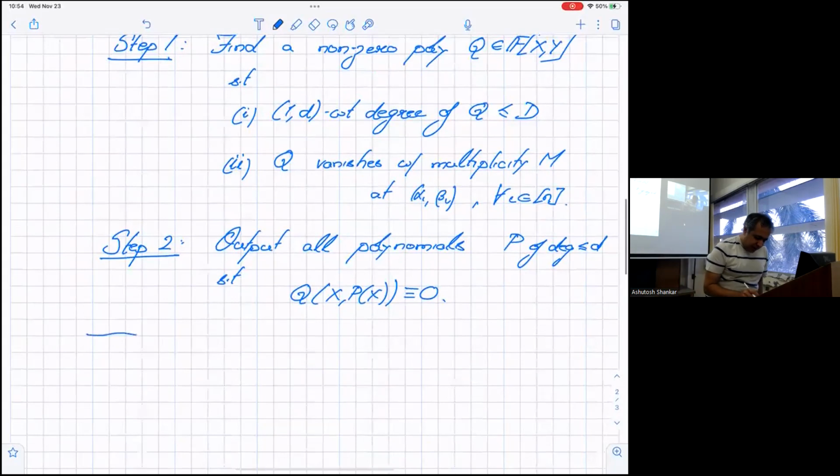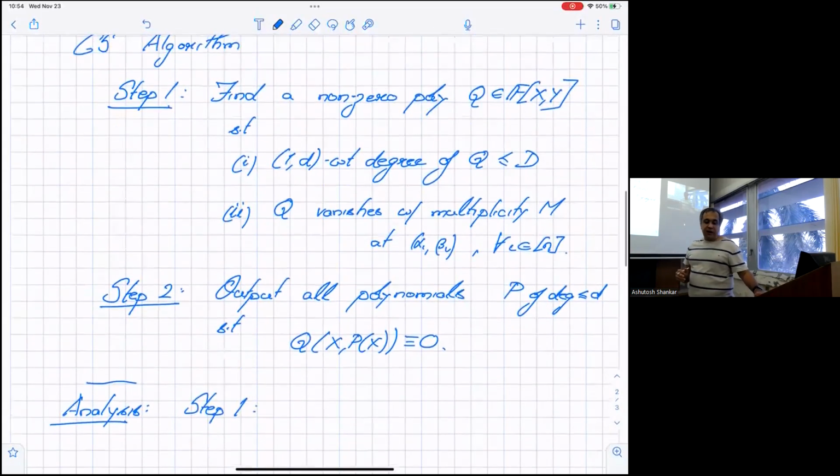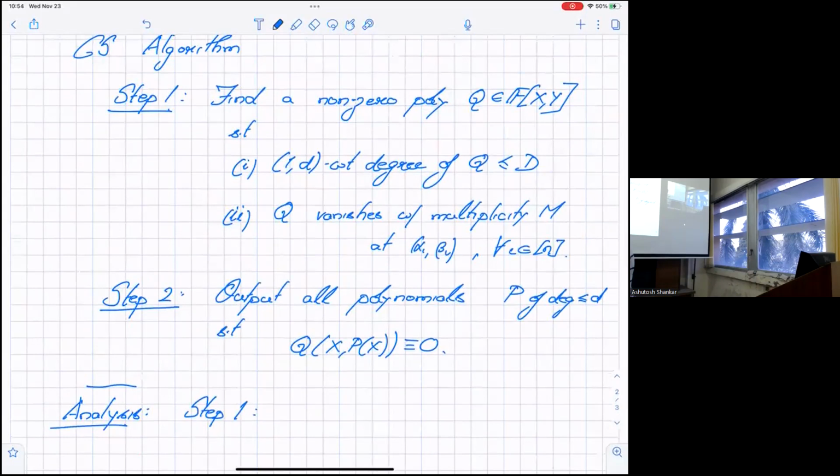The analysis went along these lines. We needed to do both step one and step two. So step one went with, firstly, you needed to show why does step one exist. Ideally, step one is just solving a linear system. So the way we wrote it was you find out the number of variables involved.